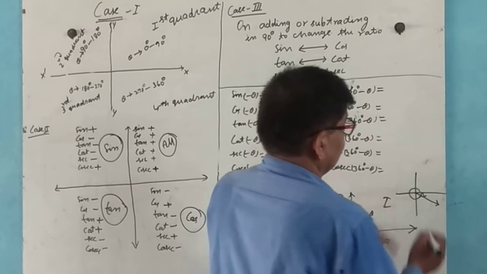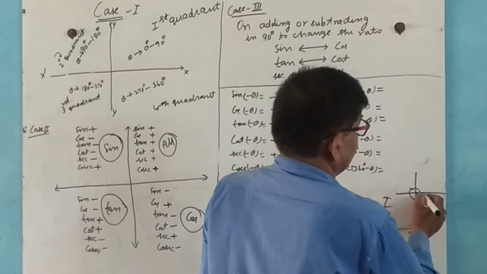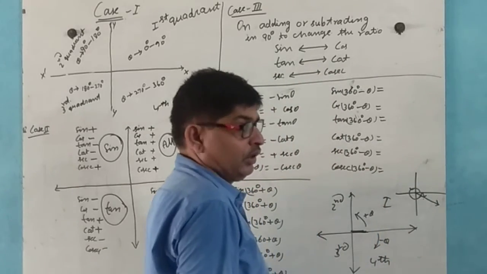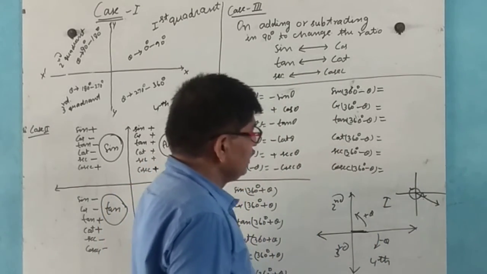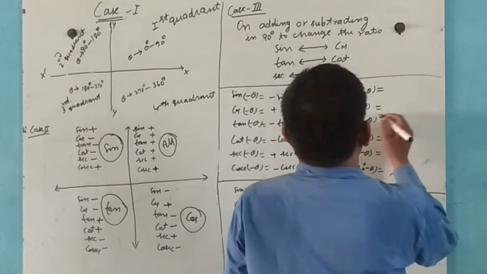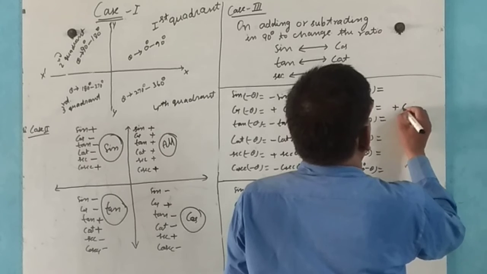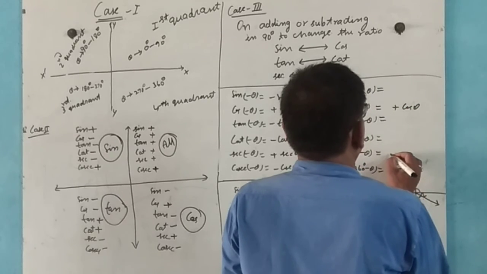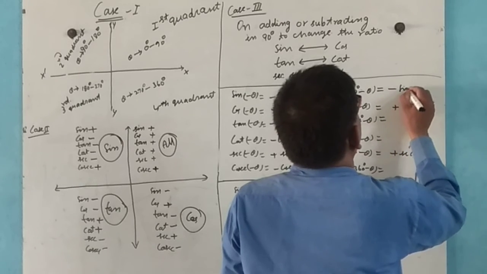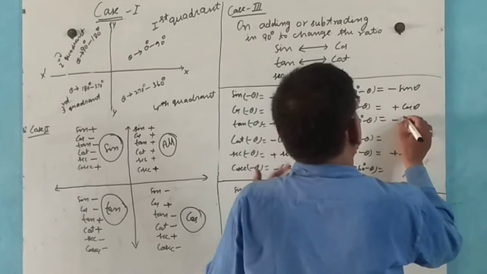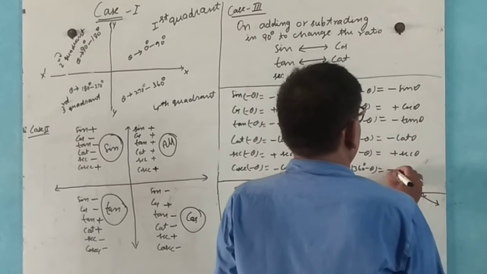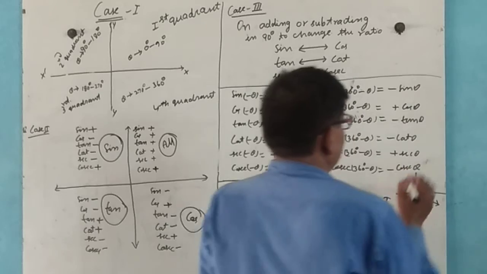We move 360 and back, so it also lies in the fourth quadrant. Similarly, cos theta and sec theta are positive, the rest are negative: minus sin theta, minus tan theta, minus cot theta, and minus cosec theta.